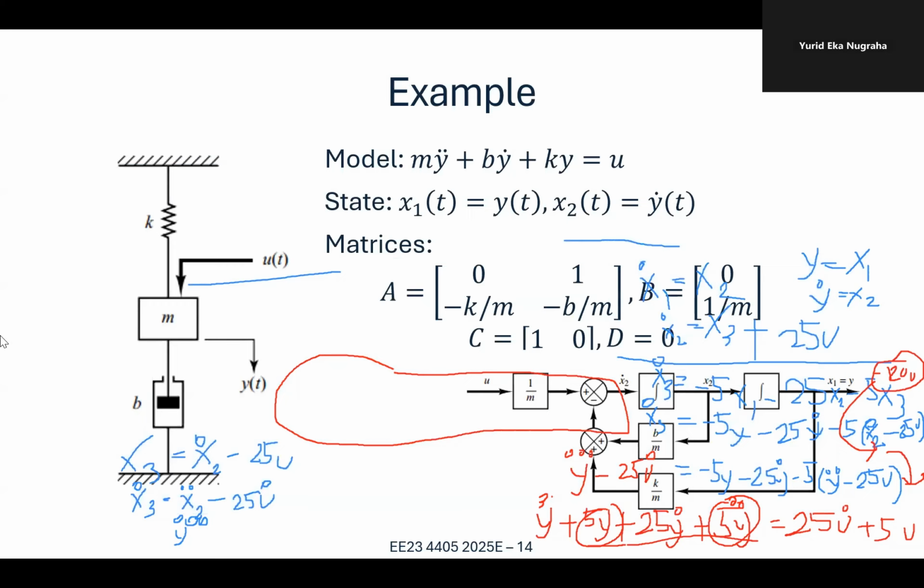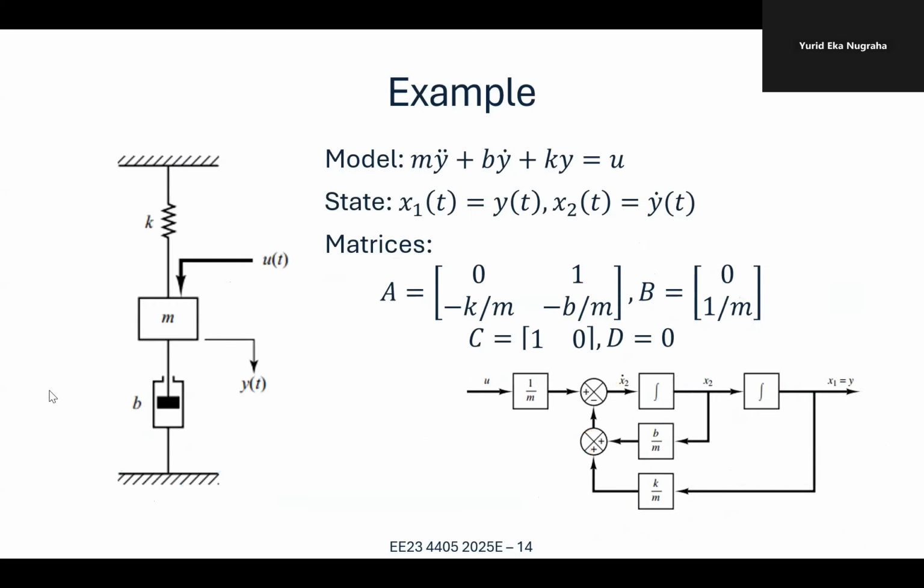Right now, for the more concrete example, we have the mechanical mass spring damper model. So M times Y double dot plus B times Y dot plus K times Y is U.